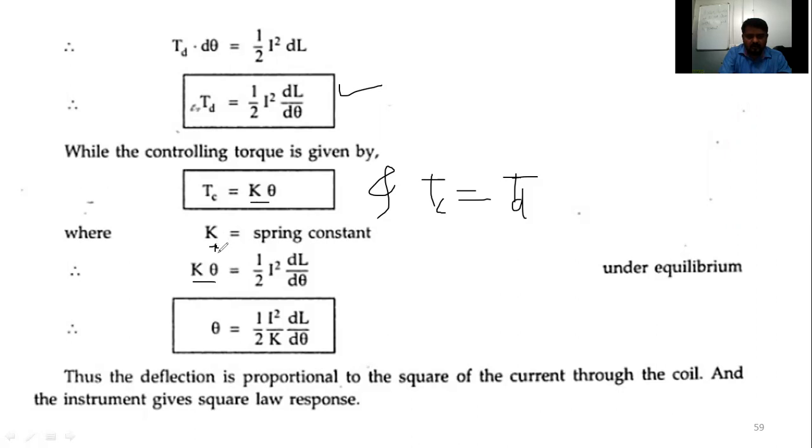TC equal to TD, so TC equal to K theta and TD equal to 1 by 2 I square dl by d theta. From this equation, sending K to the other side, theta equals 1 by 2 I square by K dl by d theta.